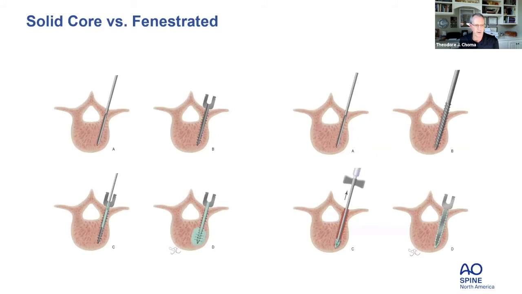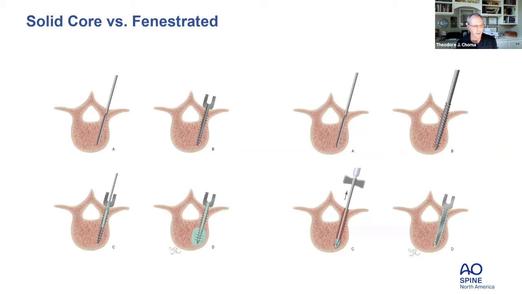These are just some representative diagrams of those two different techniques. On the left is the creation of a pilot hole that we all know how to do, and placement of a fenestrated screw, and then injection of the cement through the screw, and it would extrude out through the fenestrations.